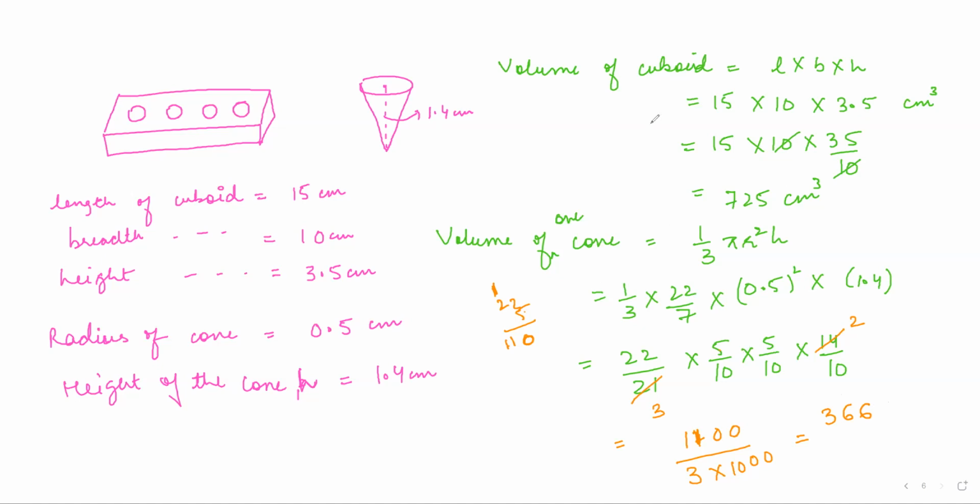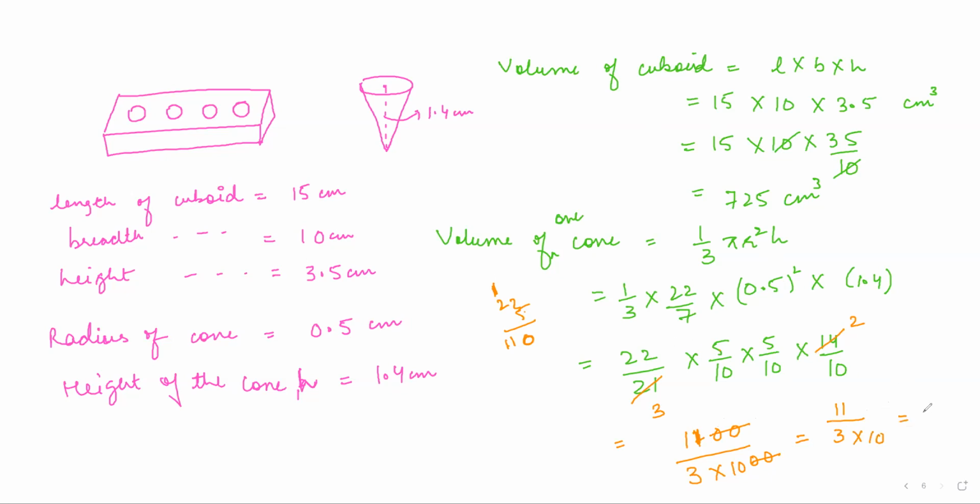Oh, so you can cancel 2 zeros. Why worry so much? Just cancel 2 zeros now. And then I'm left with only 11 divided by 3 into 10, right?